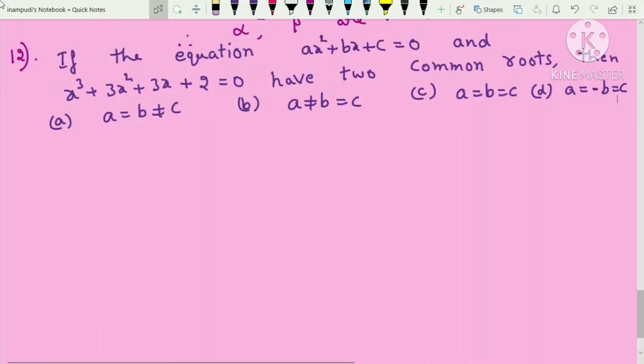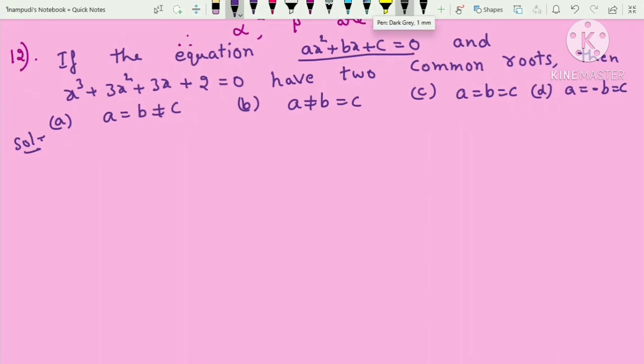If the given equation is ax² + bx + c = 0 and x³ + 3x² + 3x + 2 = 0 have two common roots.